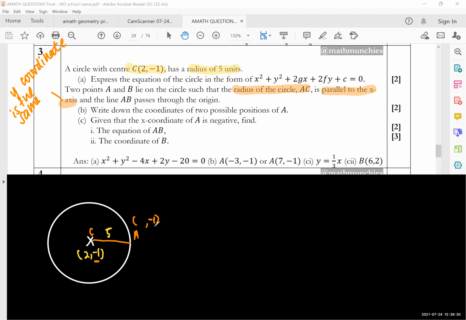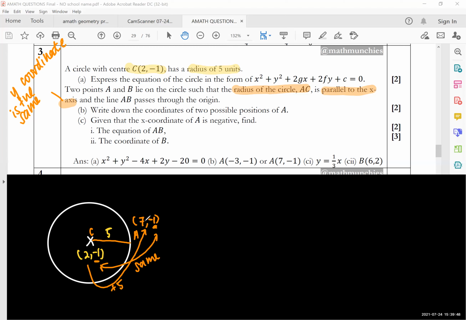So these two are the same. And how do I find the x then? 2 plus 5, I need to plus 5. So my answer is 7, -1.